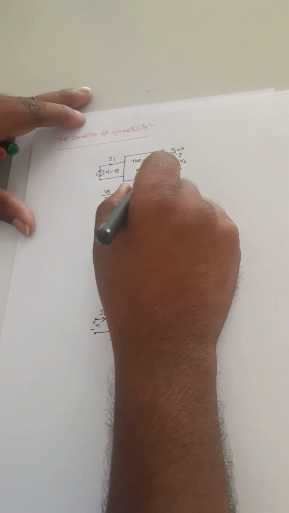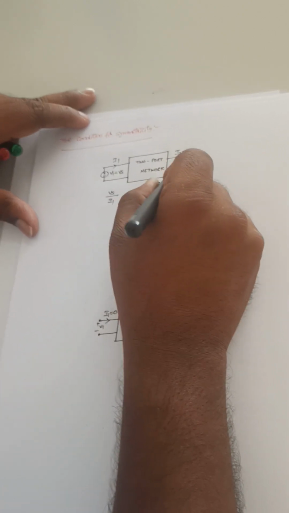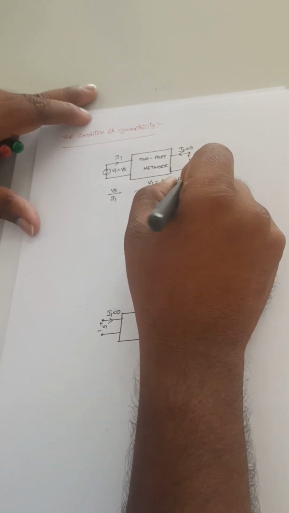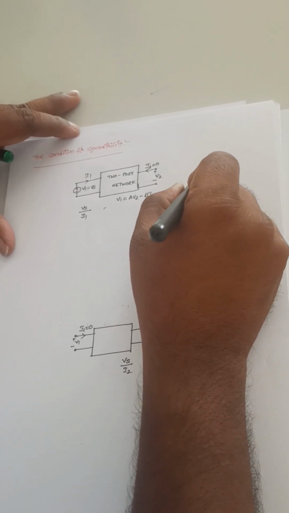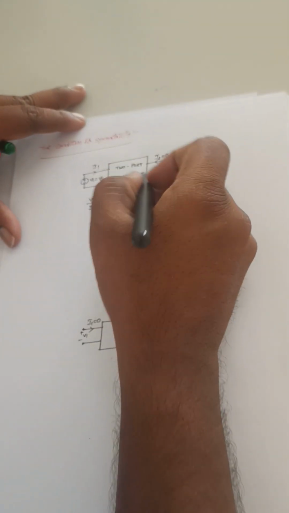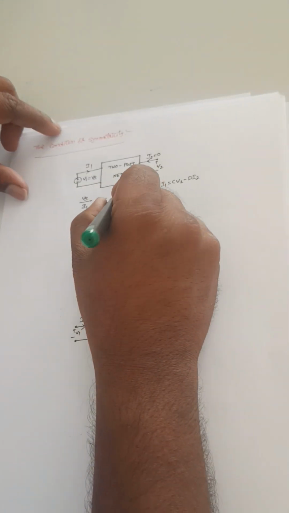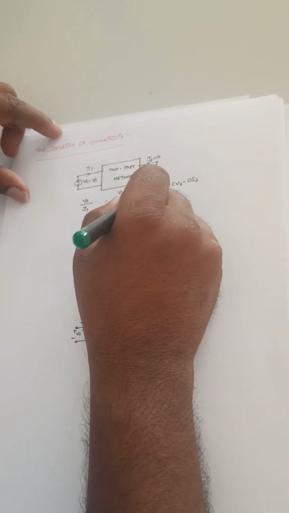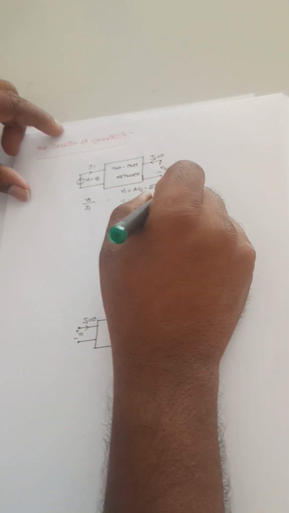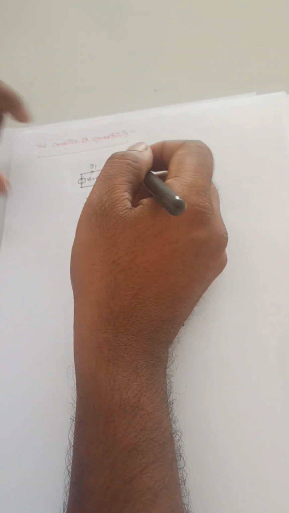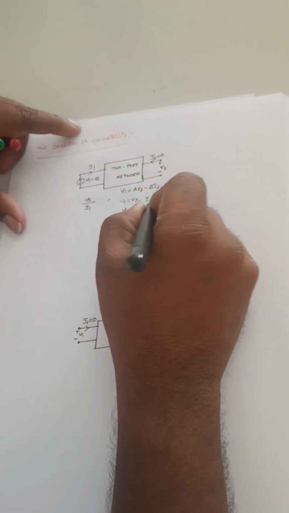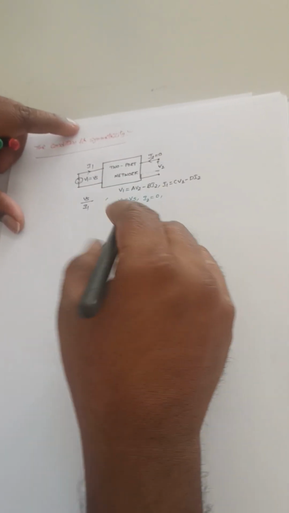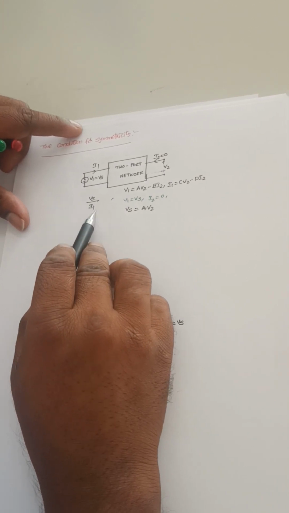So use these equations. V1 is equal to AV2 minus BI2. I1 is equal to CV2 minus DI2. Now here, what are the conditions here? V1 is equal to Vs, I2 is equal to 0. If I substitute these values in the above expressions, Vs is equal to AV2 and I2 is equal to 0. From this, can I calculate this Vs by I1?